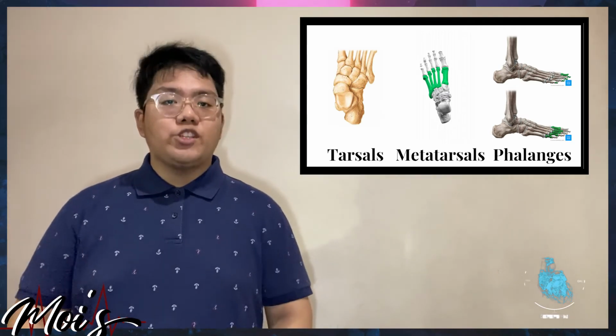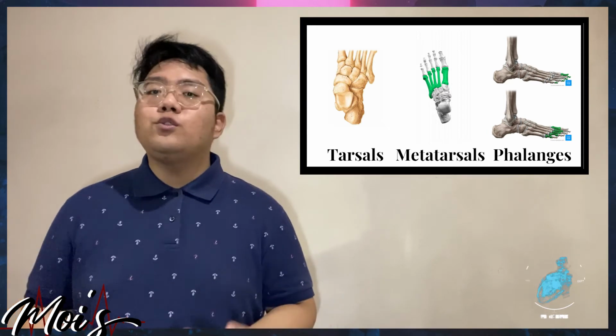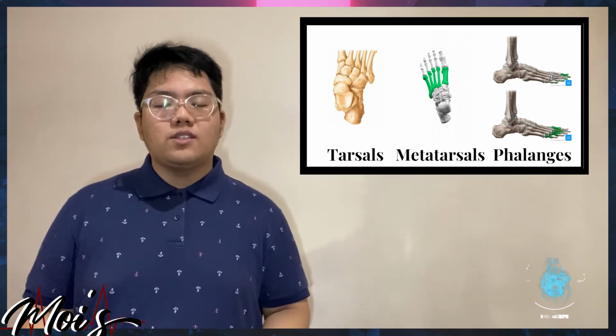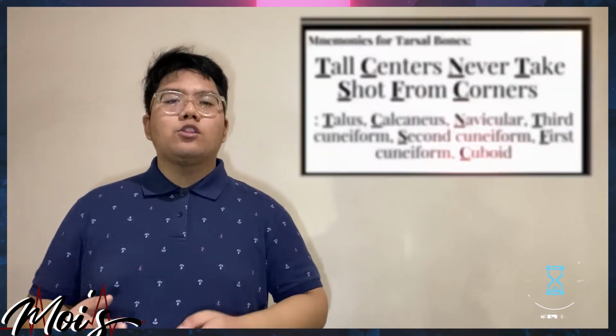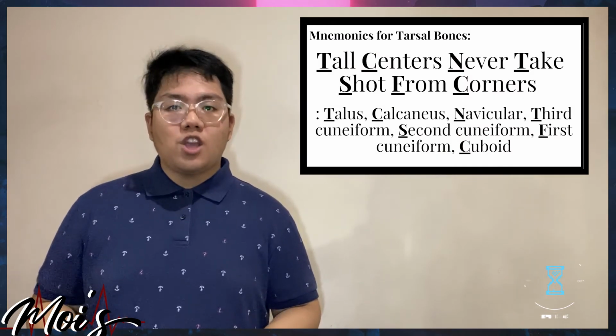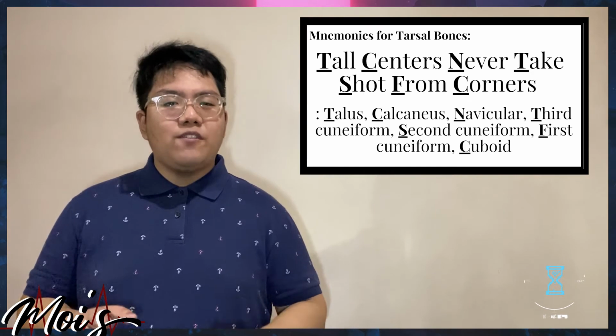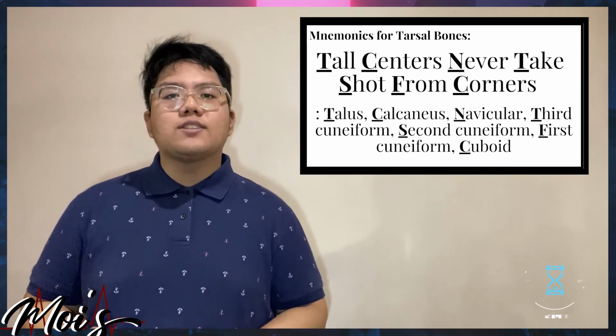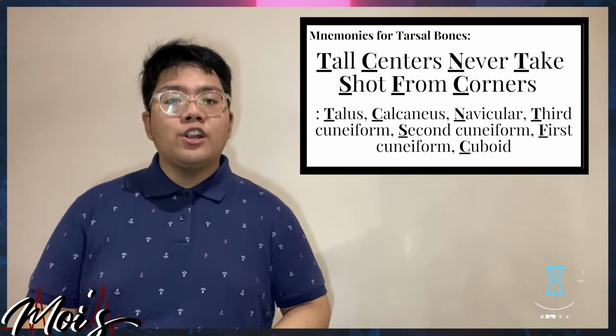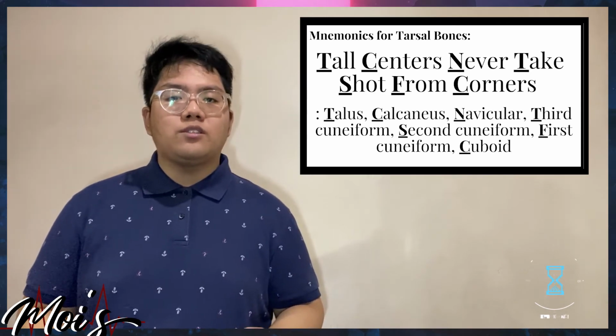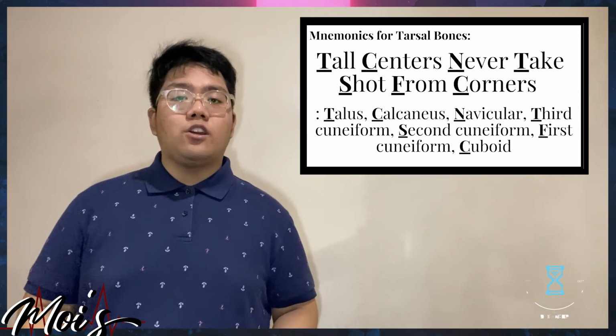Another mnemonic I want to share with you is for you to easily remember the tarsal bones. We have the mnemonic, tall centers never take shot from corners. The first letter of each word corresponds to the first letter of each tarsal bone.